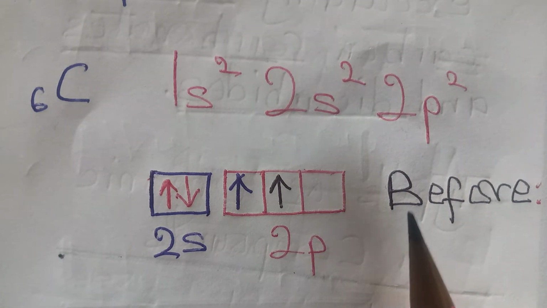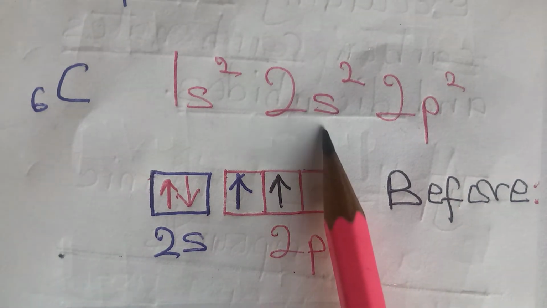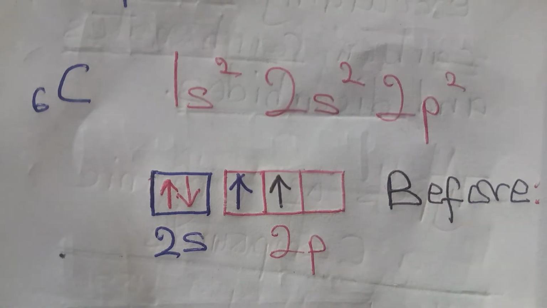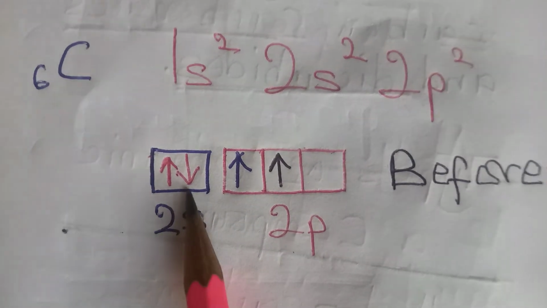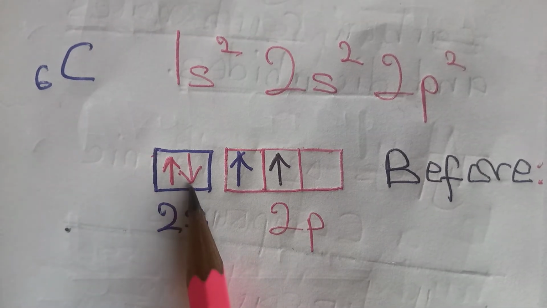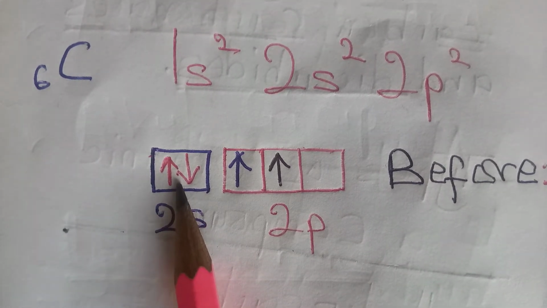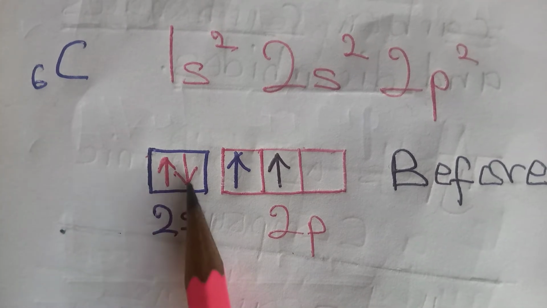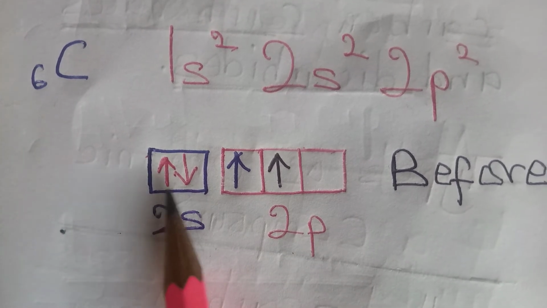So if you draw the structure of the 2s and 2p orbitals, you're going to have something like this. This is the 2s with its 2 electrons. You remember from Pauli's exclusion principle, 2 electrons cannot have the same orientation.